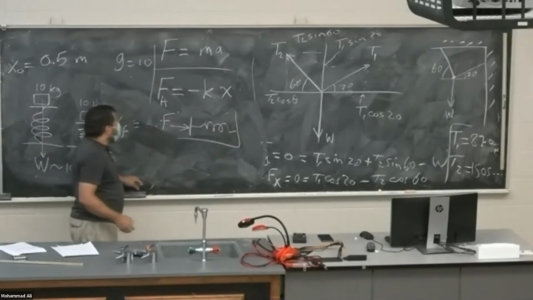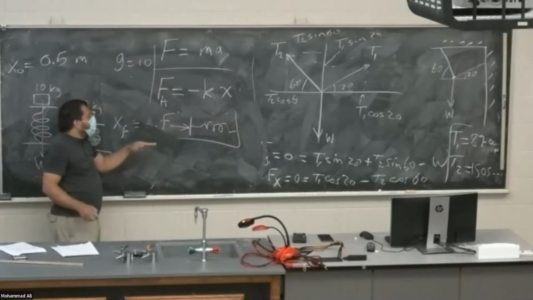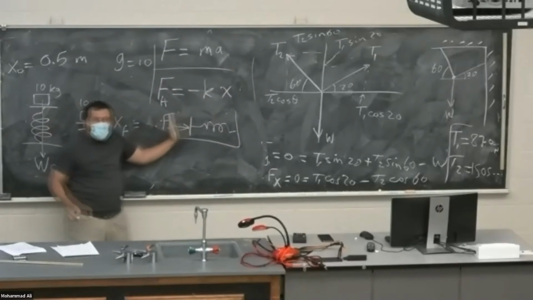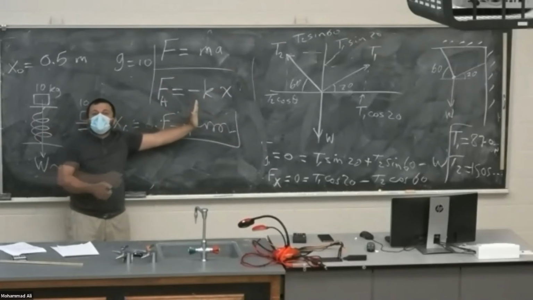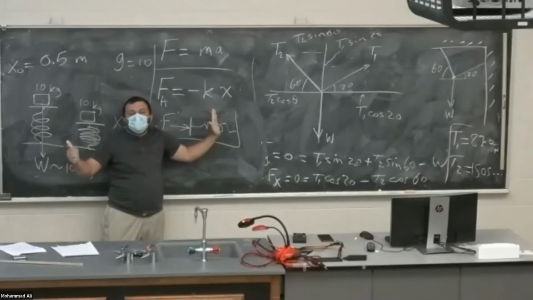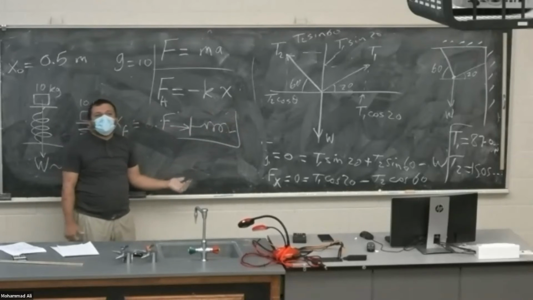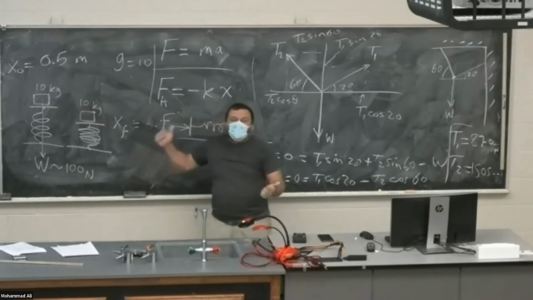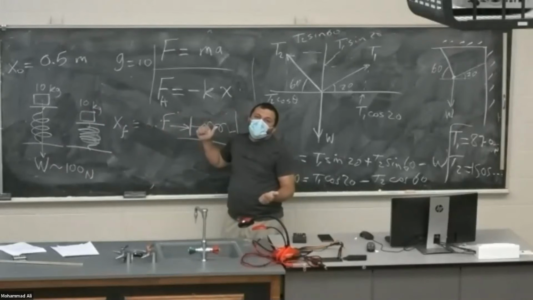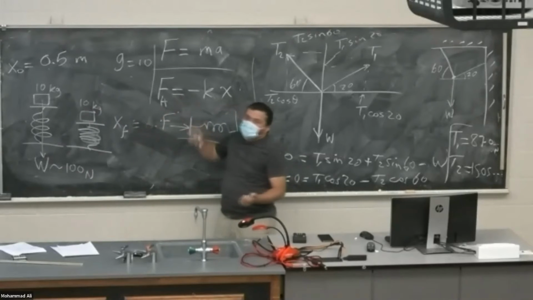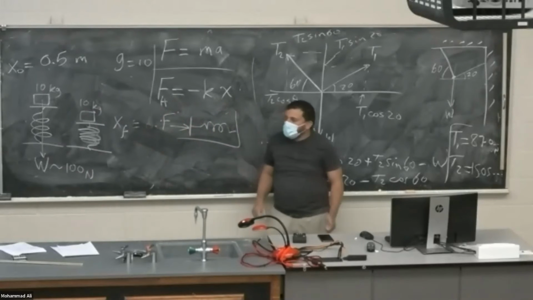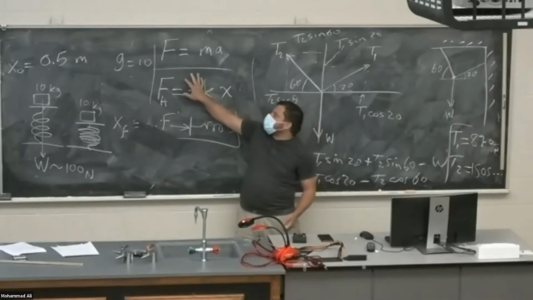About the minus sign: if I push the spring to the left, then the spring will push me to the right. Opposite. This is a restoring force. Restoring means if I go to the right, this force will push me to the left. Then I have the minus sign because of that. Consider the magnitude of this force without the minus sign.